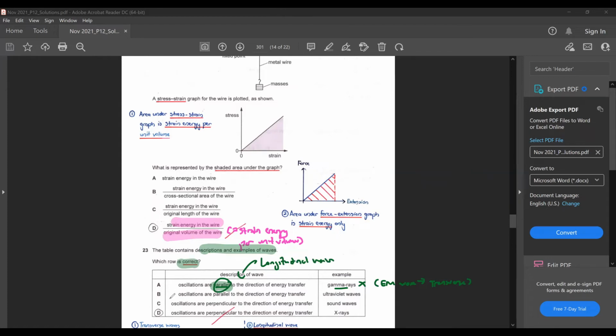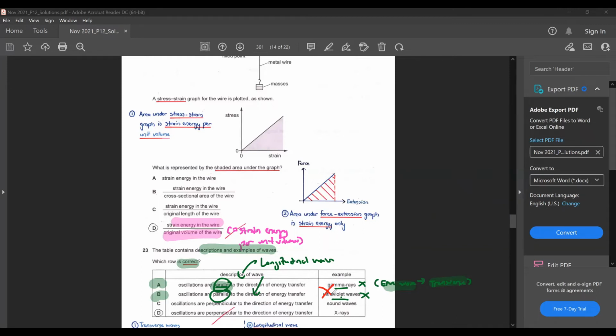Second one, B, oscillations are parallel to direction of energy transfer. They say it's ultraviolet wave. This is also wrong. It is also an EM wave, which is a transverse wave. What is described for A and B are actually longitudinal waves. The examples, gamma ray and ultraviolet waves, are not correct because they are transverse waves. We know it's a transverse wave because it's an EM wave.